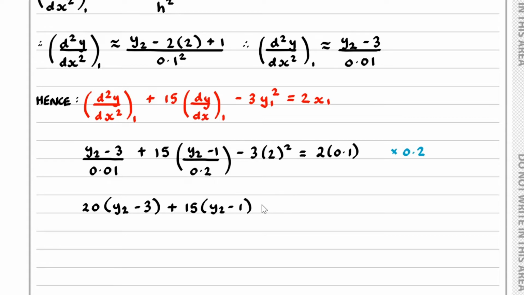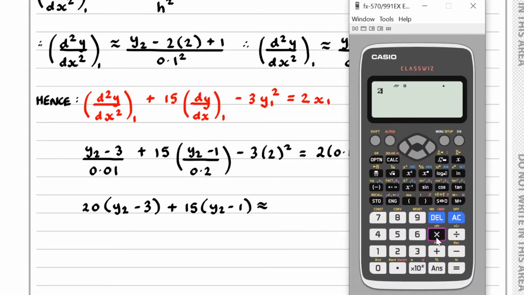And this will approximately equal 2 times by 0.1 times 0.2 plus 3 times by 2 squared times 0.2, which is 2.44.